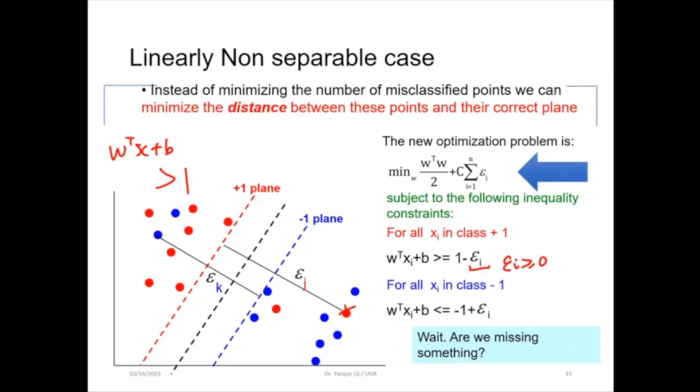And I'm using epsilon j to represent how much wrong-side distance I'm contributing to the noise. Okay, any questions about this?